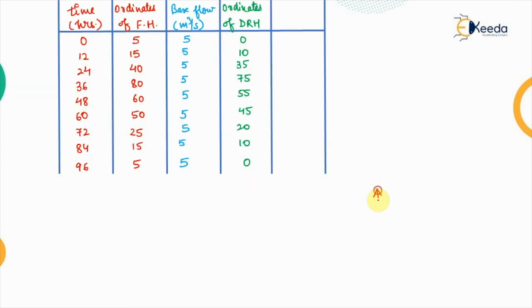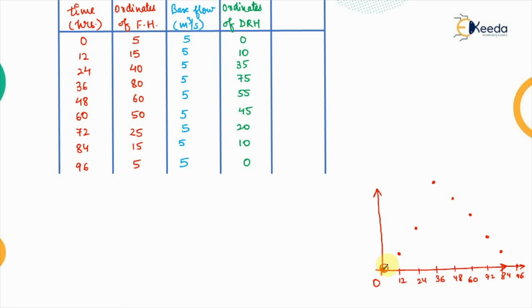So if we plot this curve, corresponding to 0, 12, 24, 36, 48, 60, 72, then 84, then 96, with ordinates starting with 0, then 10, then 35, then 75, then 55, then 45, 20, 10, and then 0.